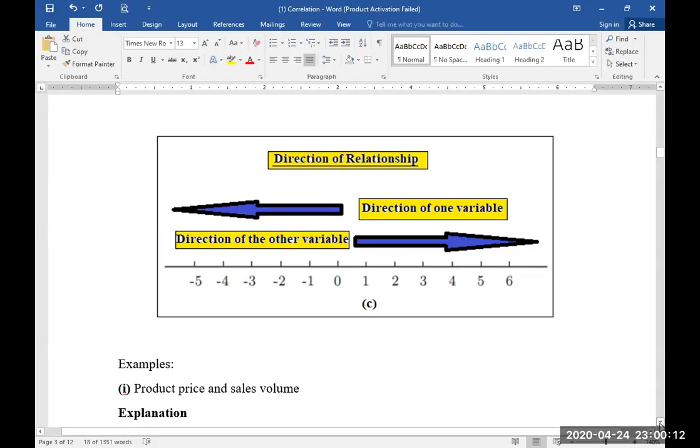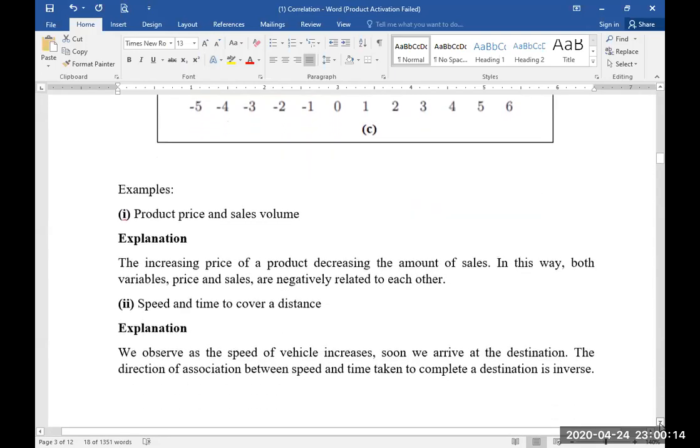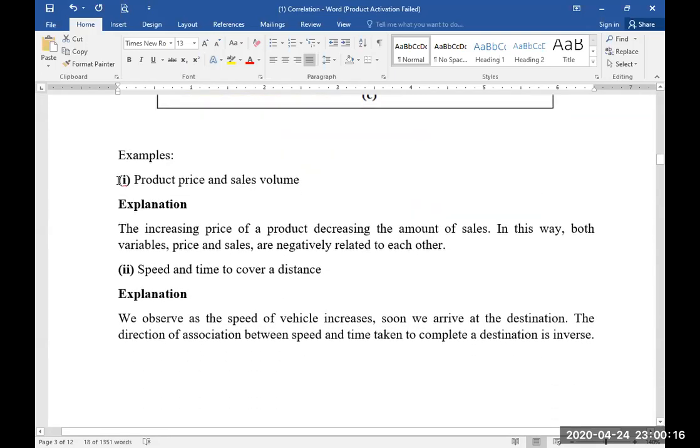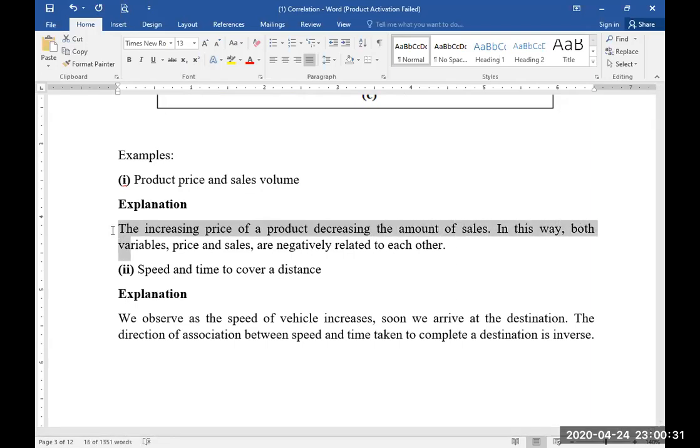The inverse relationship. Examples of inverse relationships are, number one, product price and sales volume. Explanation: an increasing price of a product decreases the amount of sales. In this way, both variables, price and sales, are negatively related to each other.